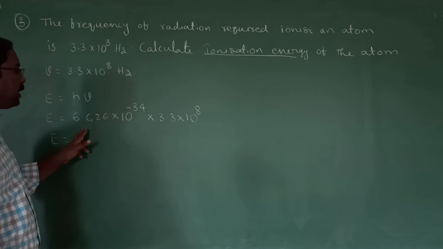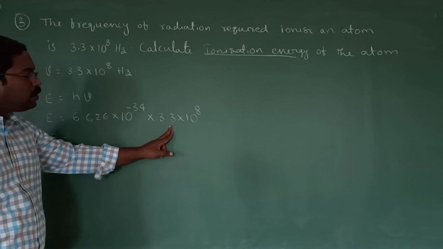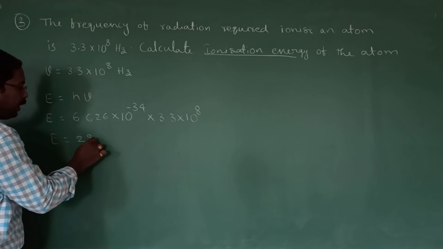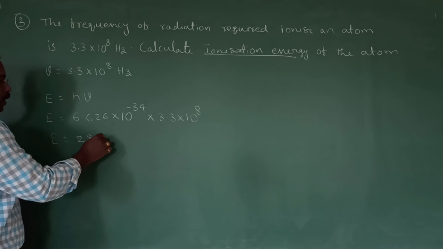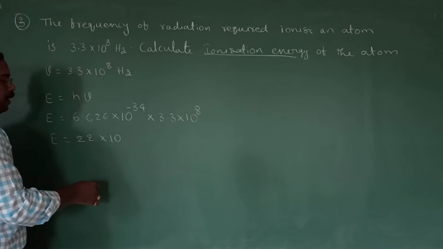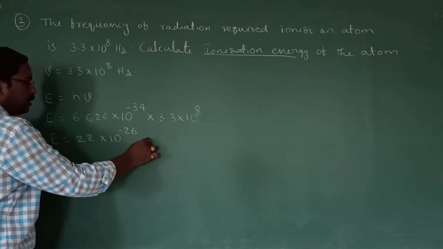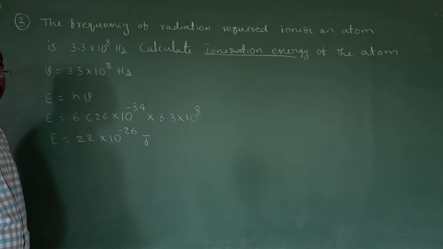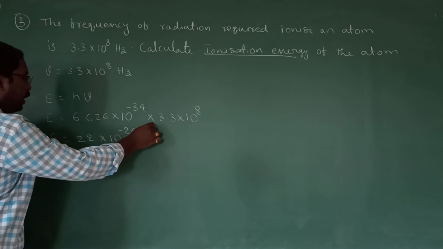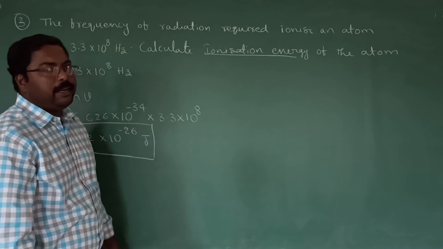Normally 3 into 6.6 if you do, you will get approximately 20. So more than that, it will be around 22 you will get, into 10 to the power minus 34 plus 8. It will be minus 26 joules. Okay. So that is the energy of the radiation which is required to cause the ionization.